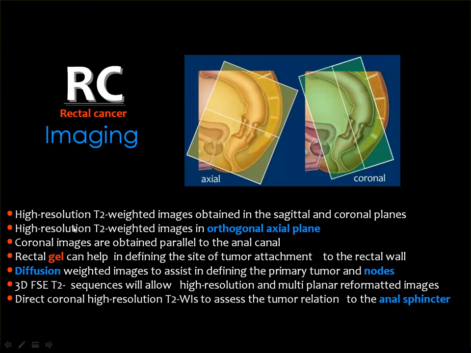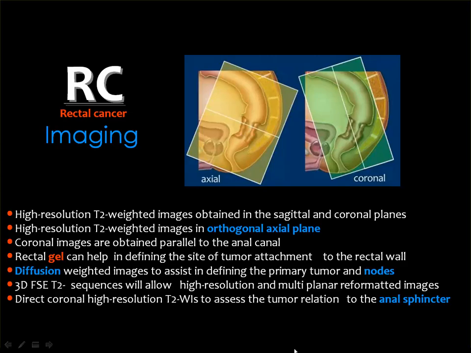Then we need to obtain high resolution T2 weighted images in the sagittal and coronal planes, while the axial images are obtained in an orthogonal plane, and this plane should be perpendicular to the axis of the tumor.